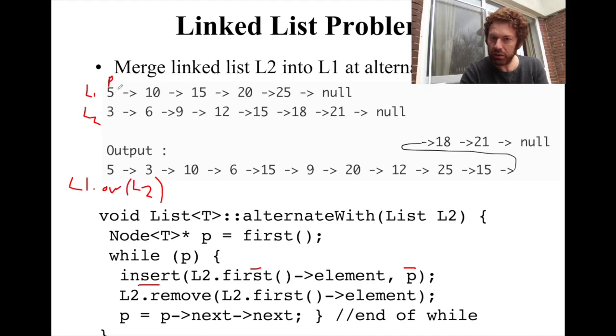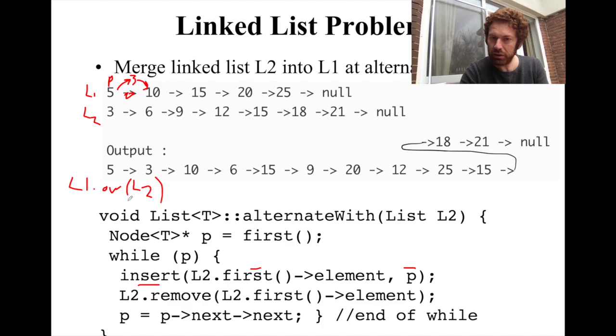So it is going to be insert the first element 3 after P. Insertion will also set this pointer automatically for you and kill this one for you automatically. Now the cool part begins.